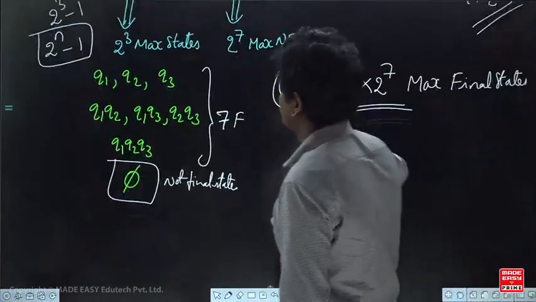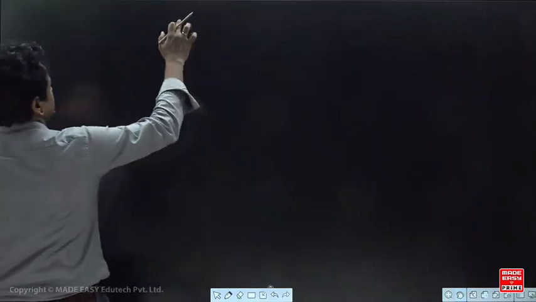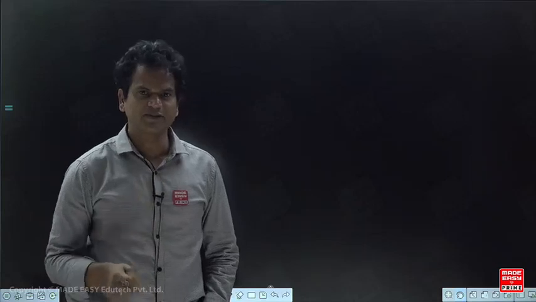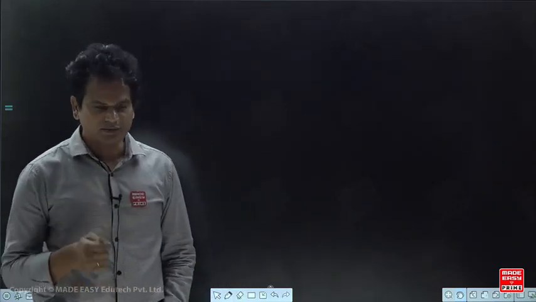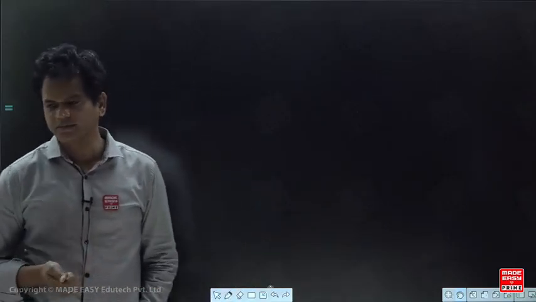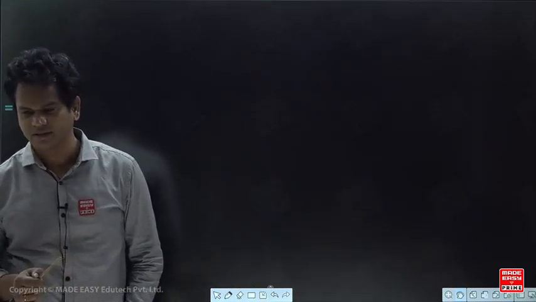So that's all, guys. We have done some questions. So till now we have done NFA. What is NFA? What is DFA? NFA to DFA. Okay. Now we will go for equivalence between two automatas and minimization of DFA.